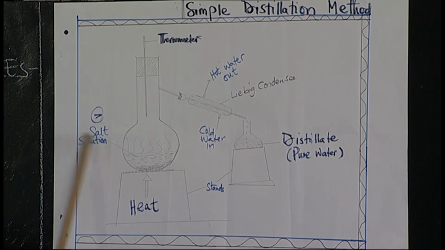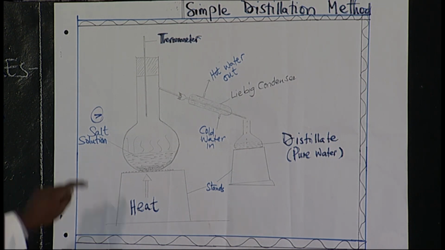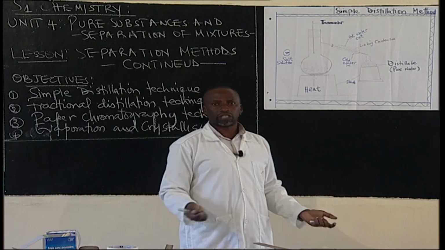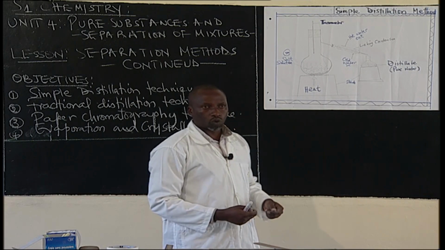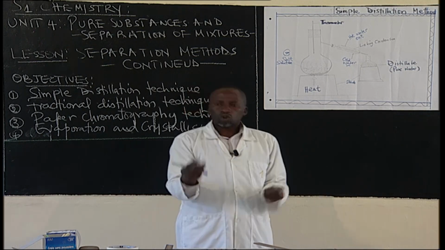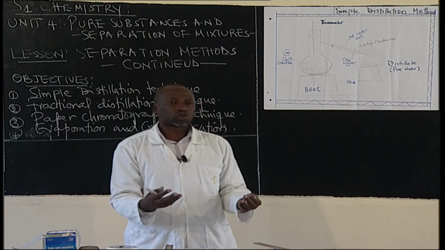When you look at this, what are we trying to separate here? Just tell me what we are trying to separate in this method. This is the salt solution: the salt is dissolved in water, so you have to distill the water.